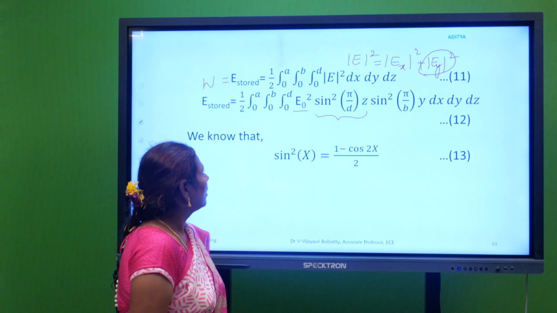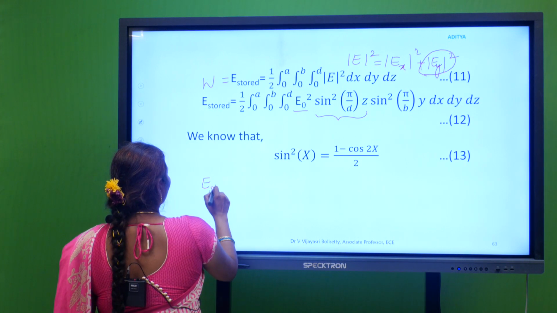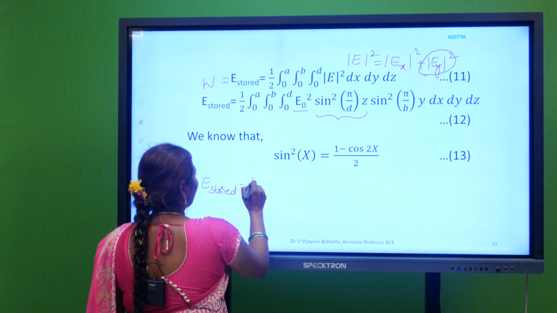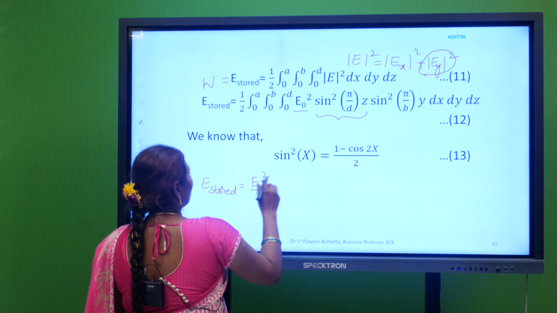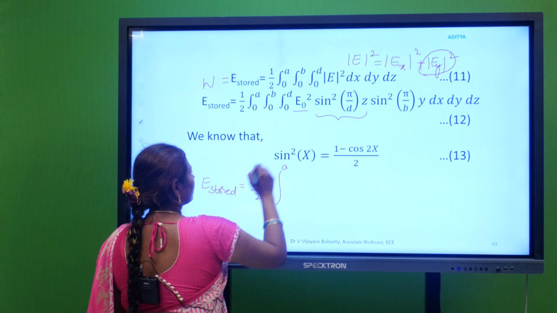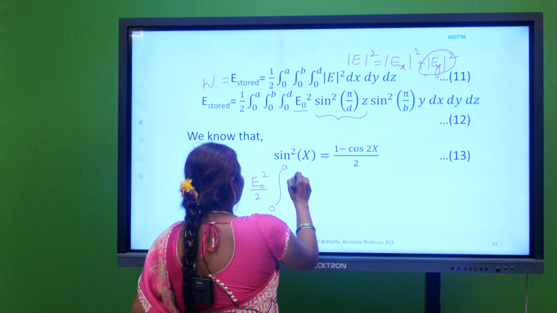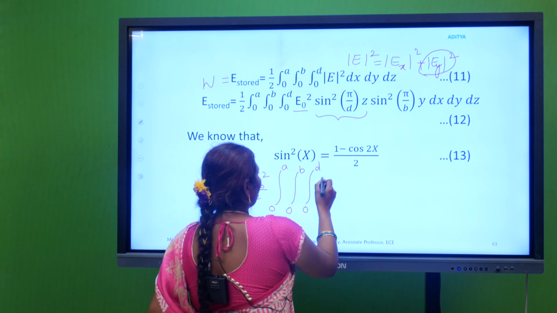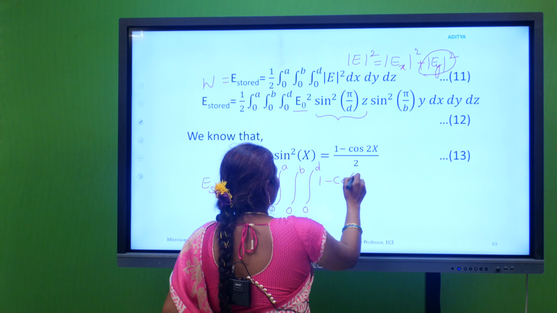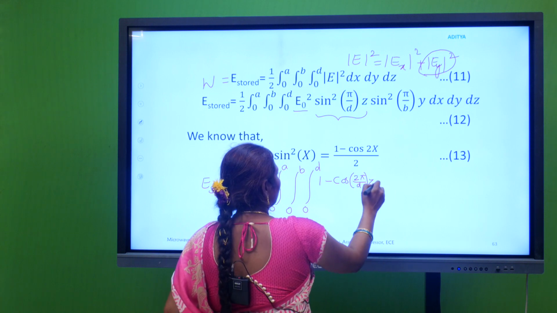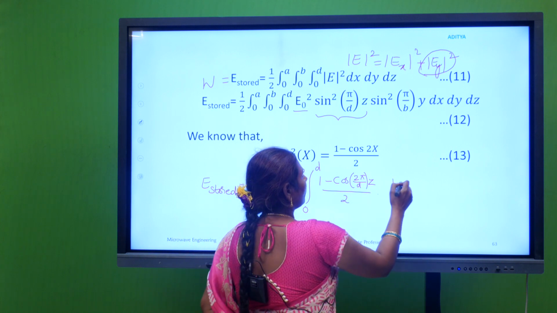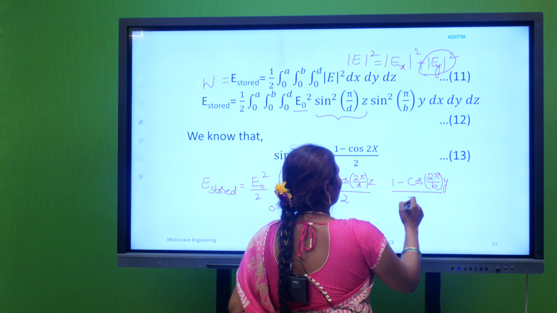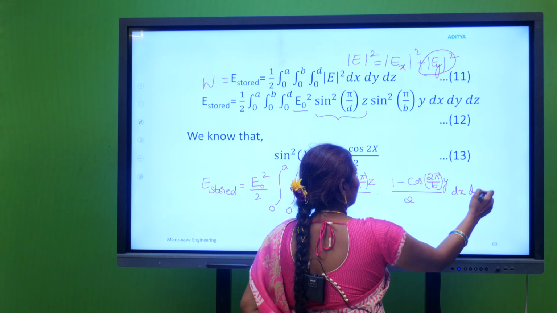So we can substitute this relation, and we can find that the energy stored can be represented as equal to E naught square by 2, integral 0 to a, integral 0 to b, integral 0 to d, and this sine function we can write as (1 minus cos 2 pi by d z) by 2 into (1 minus cos 2 pi by b y) by 2 dx dy dz.